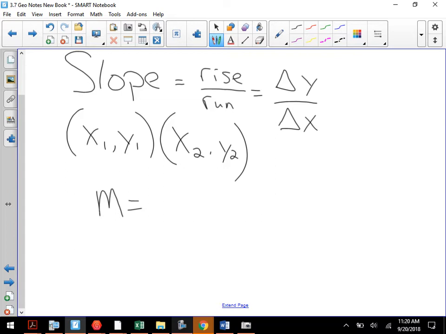E is an exponential function, principal, interest rates, things like that. F, G, and H are used all the time as function notation. You may or may not have seen f of x, g of x. That's function notation.